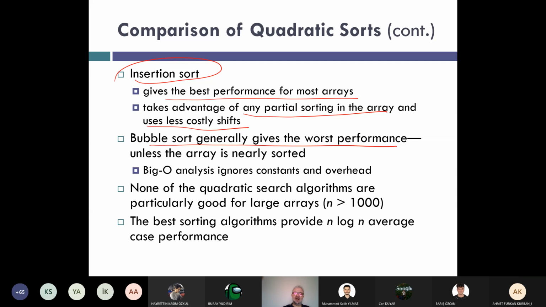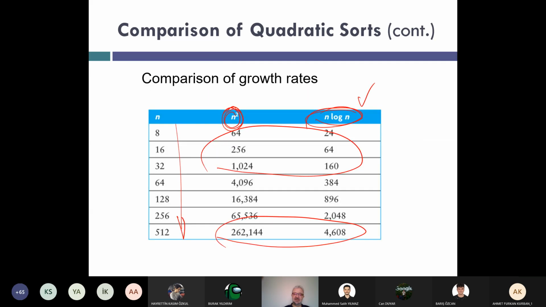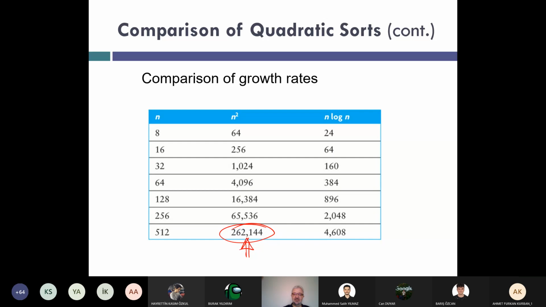These quadratic running time algorithms are not useful for large arrays, since the running time depends on this value, although the n log n running time algorithms are a lot faster.